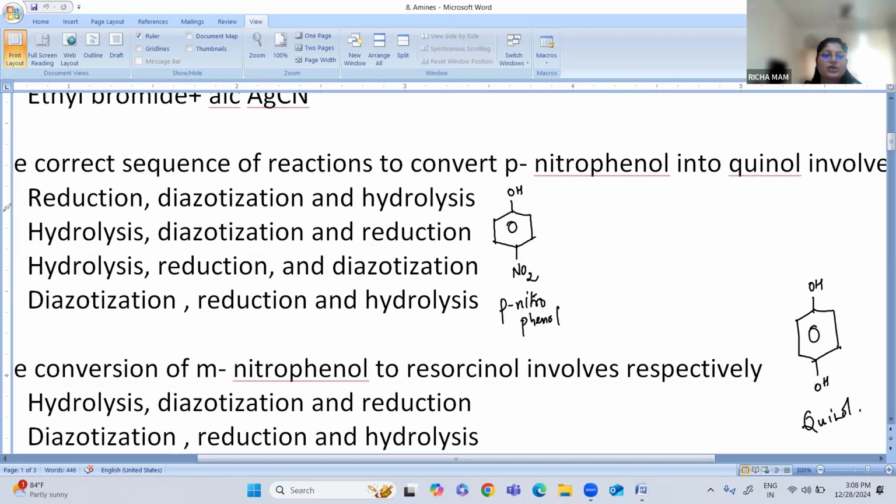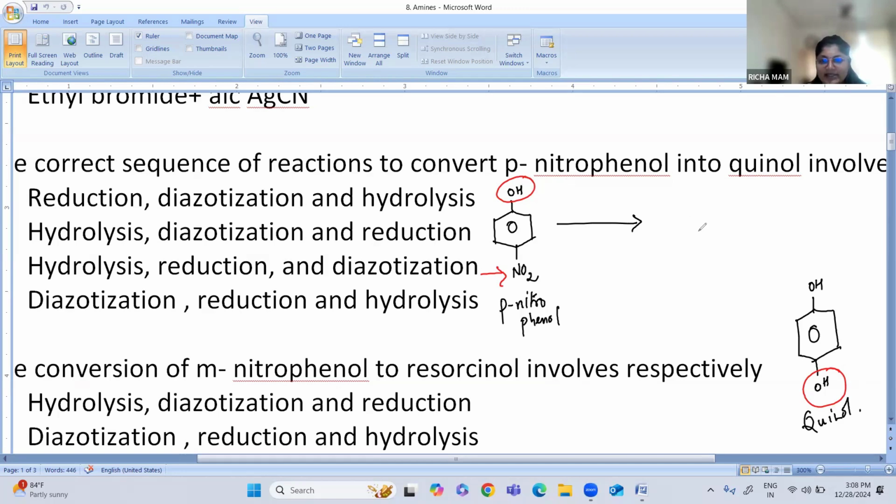So what are the steps involved? This is para-nitrophenol. The OH will remain intact because I am going to change only the nitro group, since I want to convert it to OH.